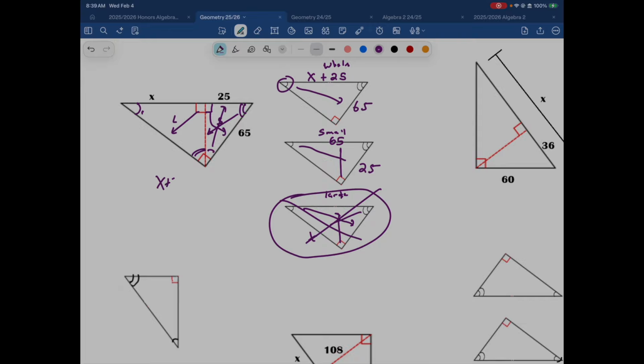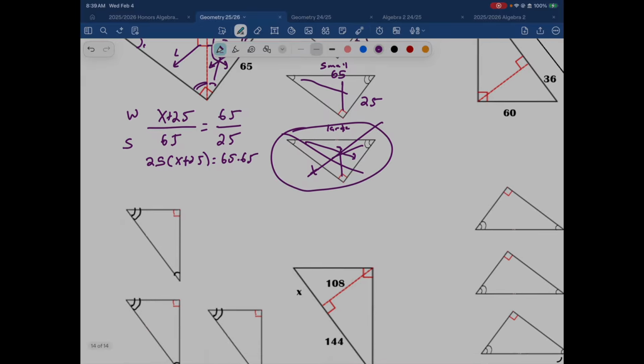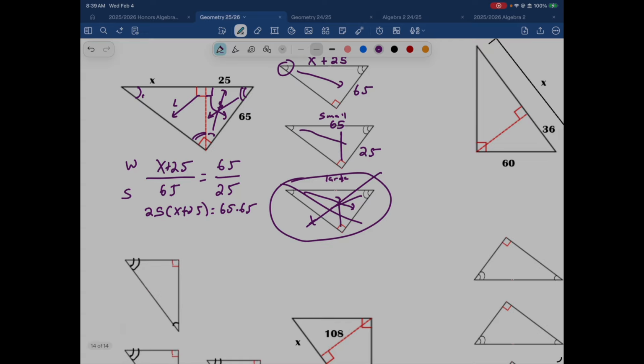We'll go x plus 25. Again, I'm going whole over small. Corresponding side is 65. The whole, the only other side I know is 65. The small is 25. So that's going to give me 25 times x plus 25 equals 65 times 65. Now we need to solve this equation.